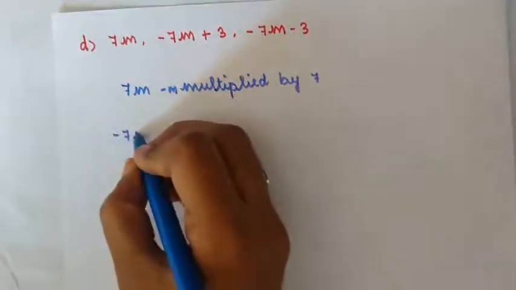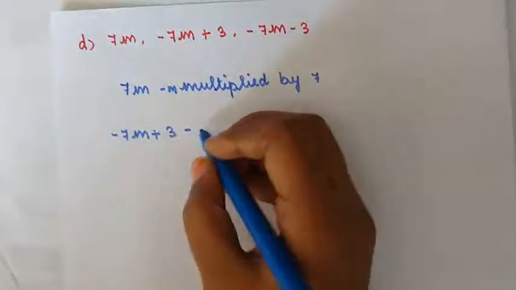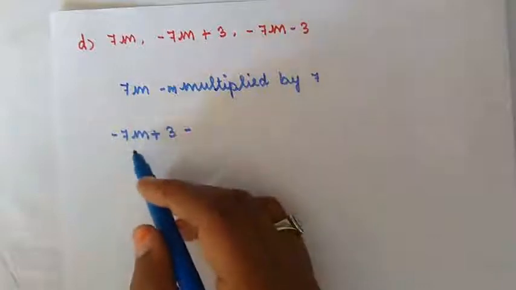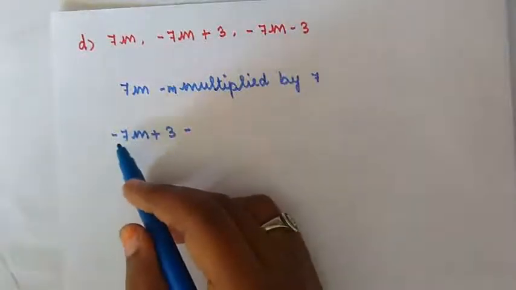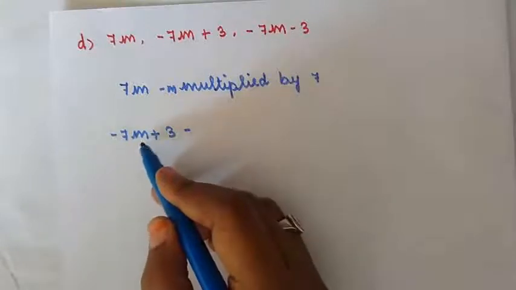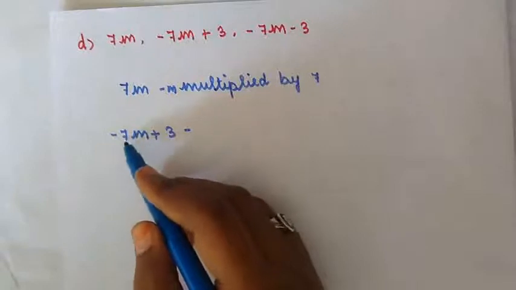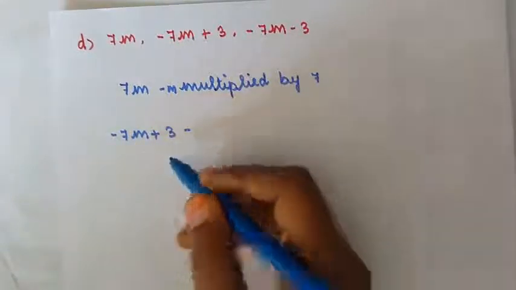Let me take the second term, minus 7m plus 3. First m is multiplied by minus 7, then 3 is added to the product minus 7m.